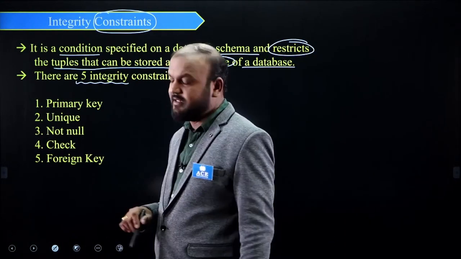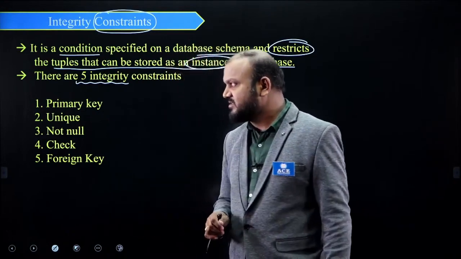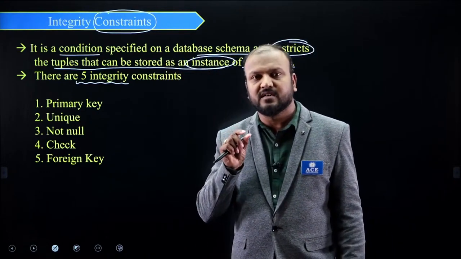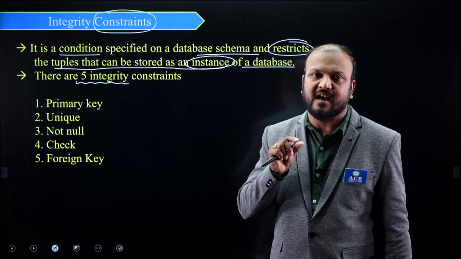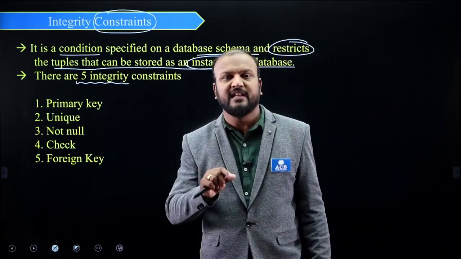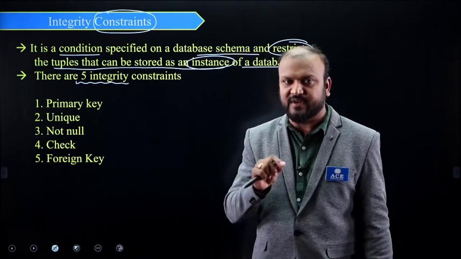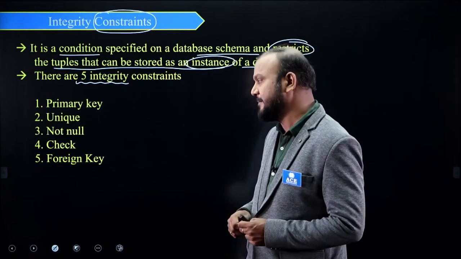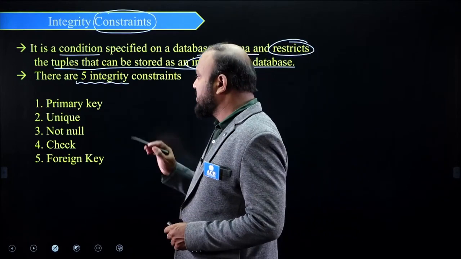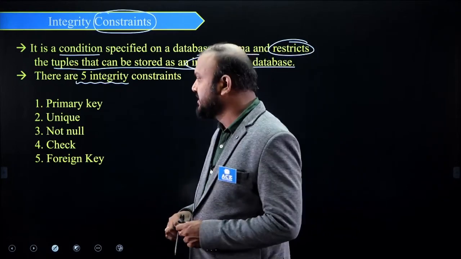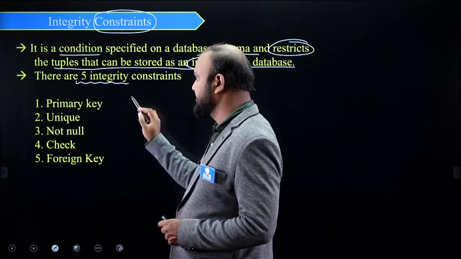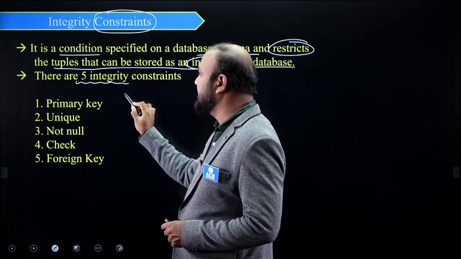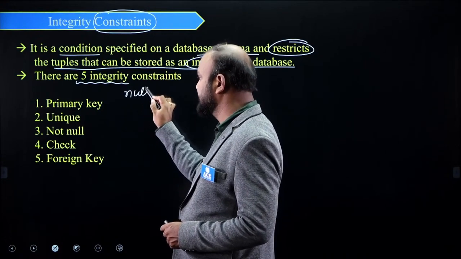The primary key: the name says it is the group of attributes primarily used to identify each tuple uniquely. That set of attributes used to identify each tuple uniquely is called the primary key. There are two things to be noted for each of these constraints. That is, does this primary key allow null values?